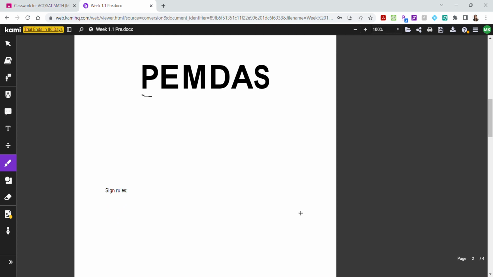PEMDAS stands for: P is parentheses, E is exponent, M is multiply, D is divide, A is add, and S is subtract.